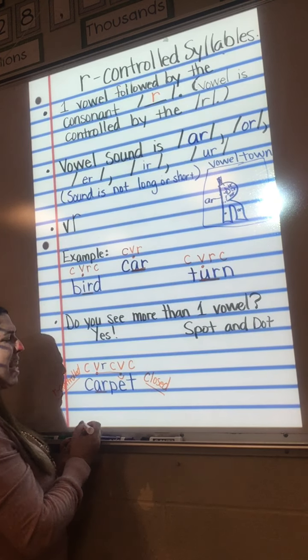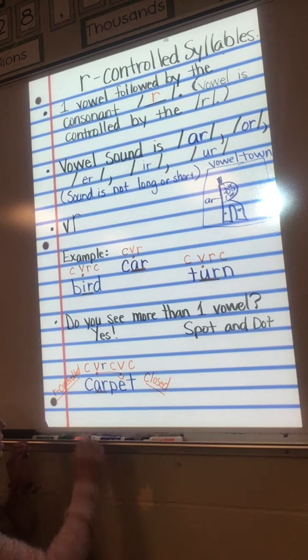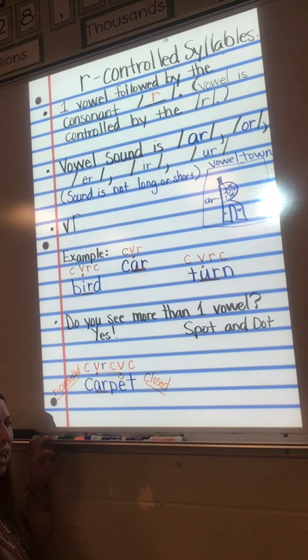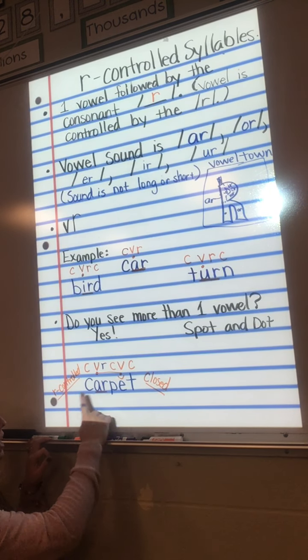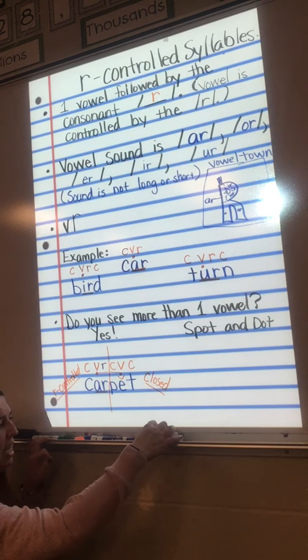Okay, but now, where do I divide this? So I should go car, et, or should I go car, pet? I know that the C-A-R is the R-controlled. I think the line is going to go after the R. Should we try it out and see? Let's do it.